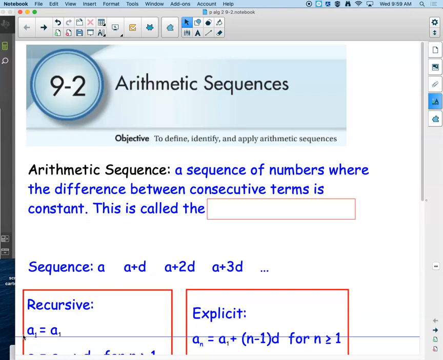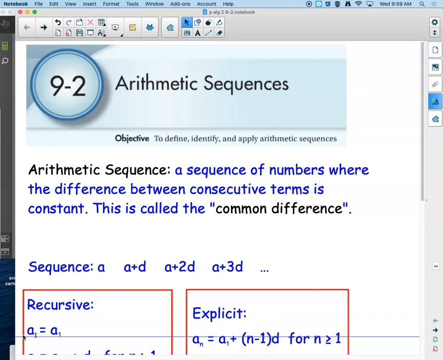So they're not going to always tell us that it's an arithmetic sequence. They're just going to say, write a formula for this. Write an explicit rule. And we're going to check. We're going to see, yeah, every number it's going up by the same amount every time, or it's going down by the same amount every time because they're adding a negative. And that value that we're finding is called the common difference.